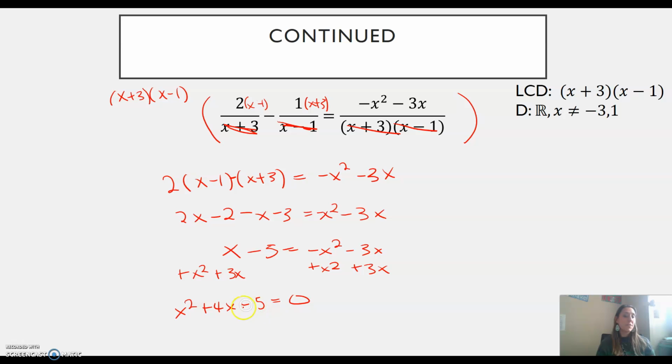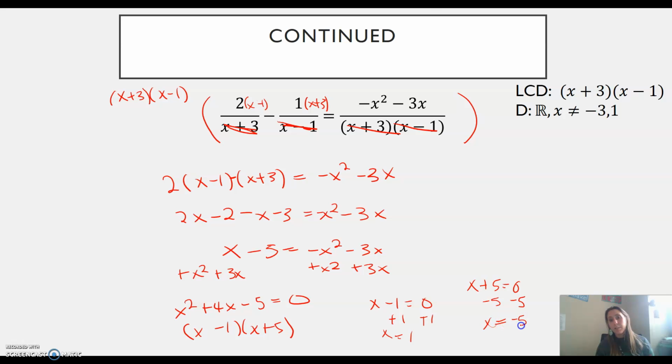The factors of negative 5 that add up to 4 are x minus 1 and x plus 5. And so then I set each one of those equal to 0. So I have x minus 1 is equal to 0, plus 1, oops, that's a plus. So I get x is equal to 1, and I have x plus 5 is equal to 0. Subtract 5 from both sides, and I get x is equal to negative 5.